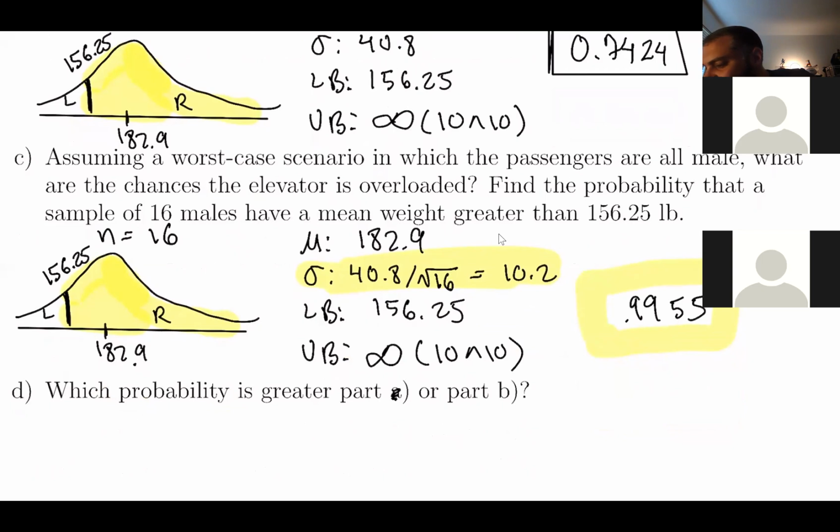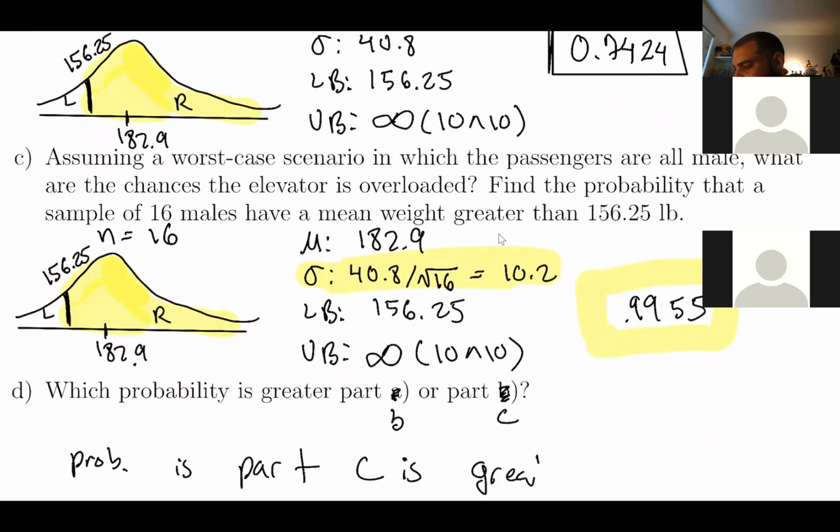This should say part B. This should say part C. All right, so which probability is greater, the probability we found in part B or the probability we found in part C? Part C. Yeah. And that's it for part D. Any question for the math problem?